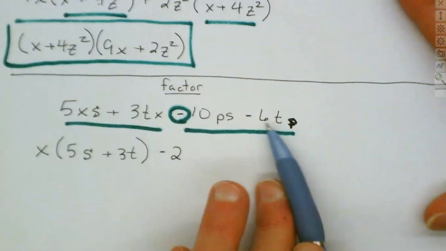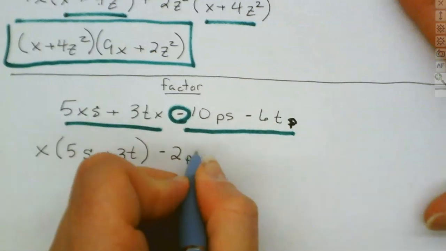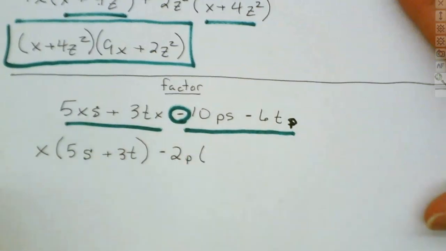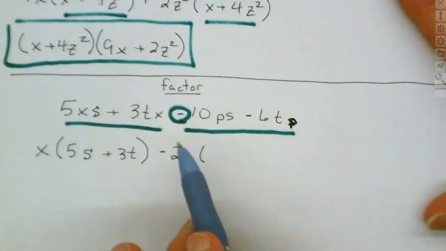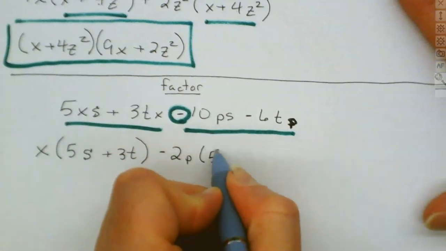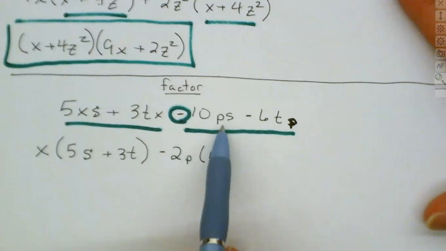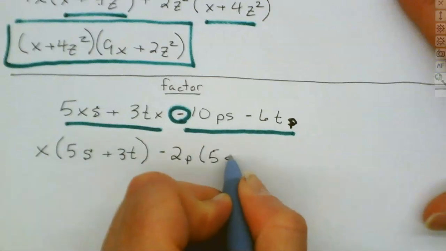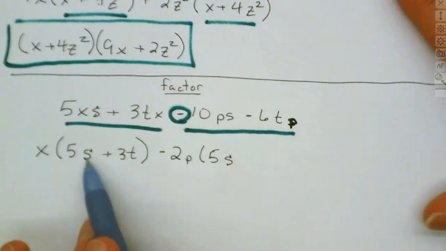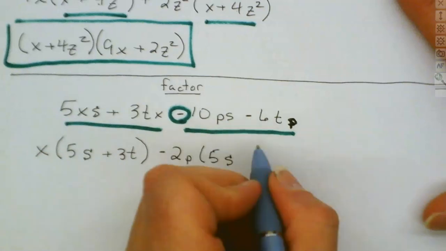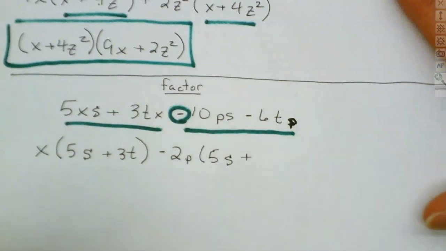Okay, these have a p in common, so that comes out. And that's going to then leave you with 10 divided by 2 is a 5. Negative and negative makes it positive. p came out, so it left you with an s. So that matches. Then we have a negative and a negative makes that a positive. 6 divided by 2, that leaves you with a 3.